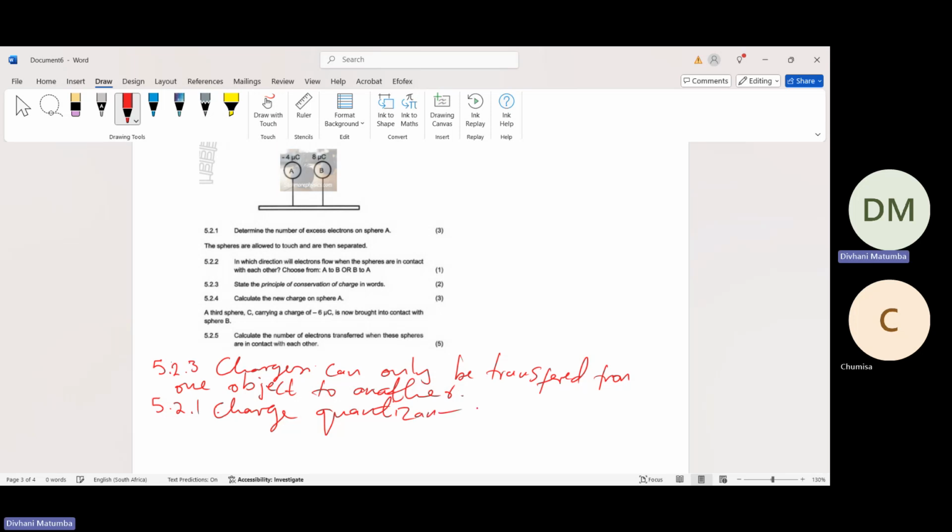What is charge quantization? When all charges are multiples of the smallest charge. Okay.